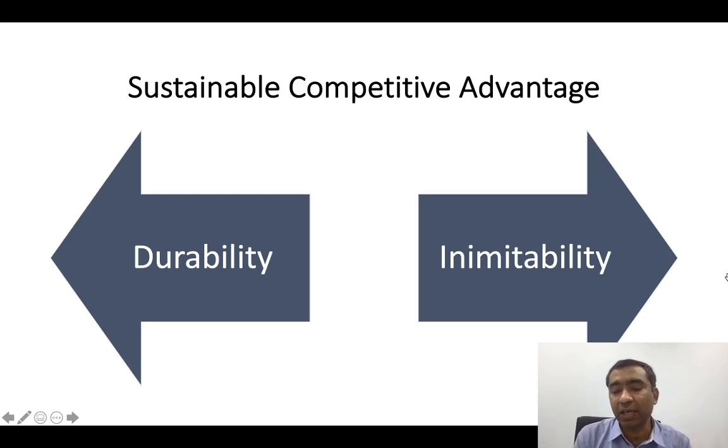And the second thing is inimitability, which means it is not imitable. People cannot easily replicate these specific capabilities. That is why they are sustainable. So it should be durable and inimitable at the same time, so that people cannot replicate it easily. You have to limit the replicability of your core competencies. That is a very important part.